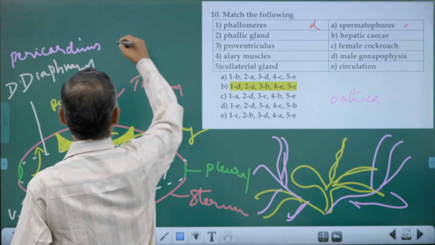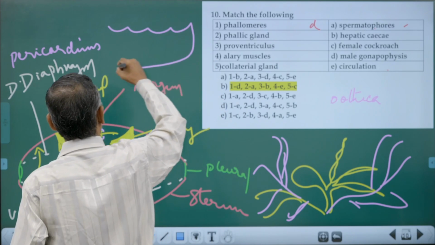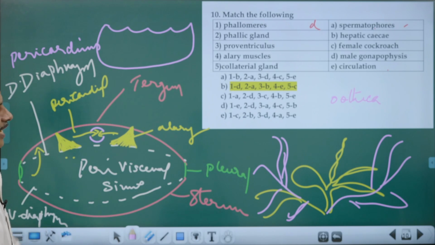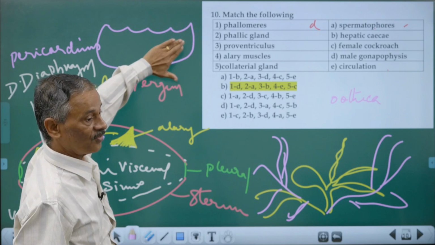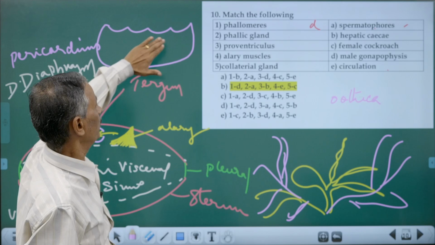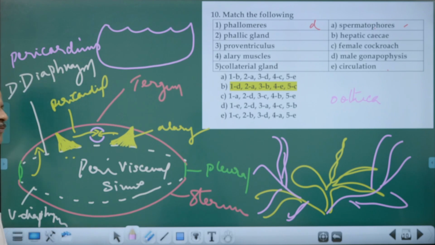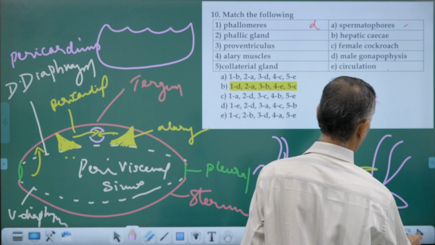Ootheca is a pouch-like structure, just like our pencil box or pen box. Okay, and the outermost is having 3 layers. The outermost layer is actually made up of the secretions of the collateral gland. So simply we can say that it is responsible for the production of ootheca. So the option goes to box.